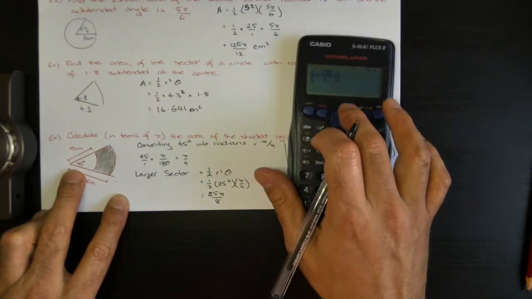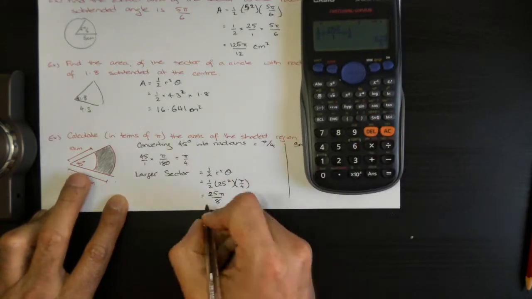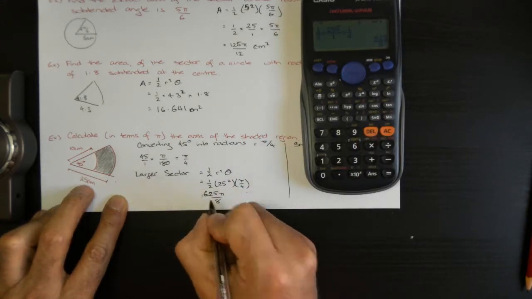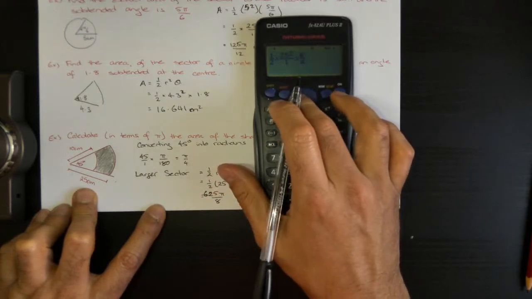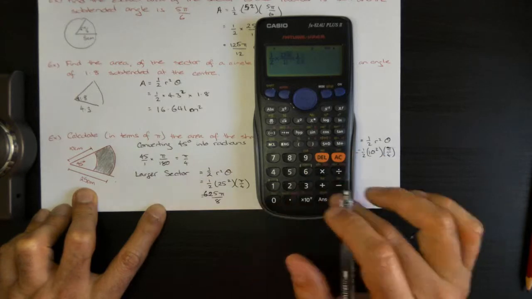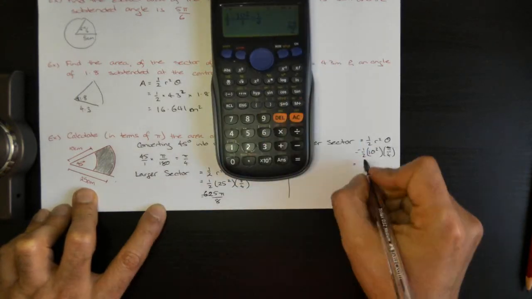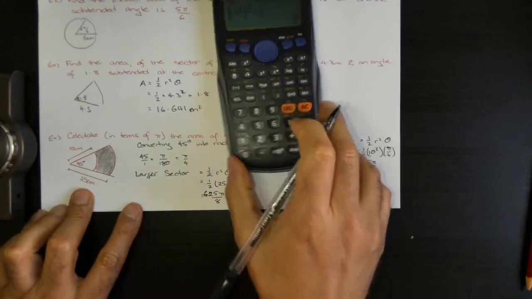Sorry, that's 25 pi over 8, and for the smaller sector, 10 squared gives us 25 pi over 2.